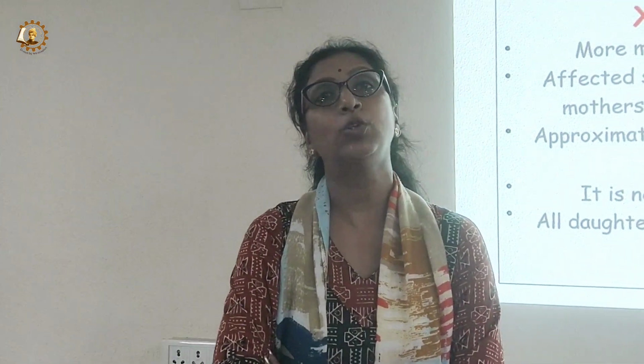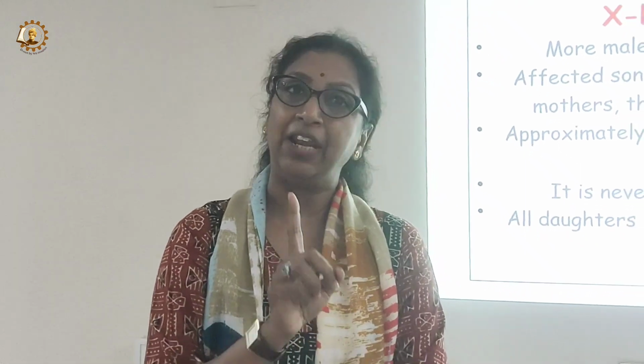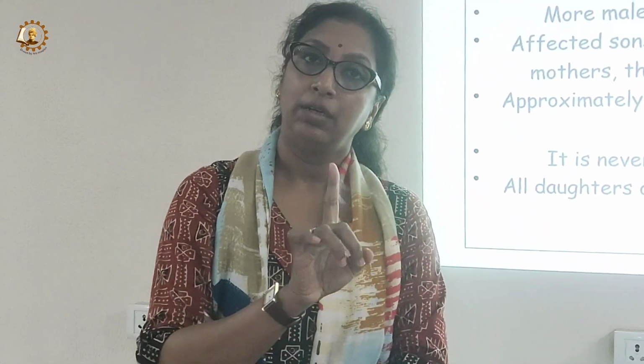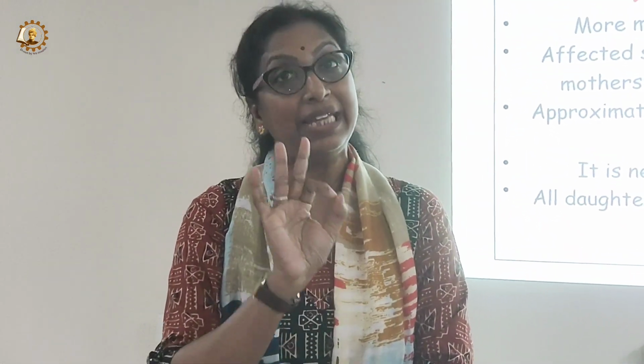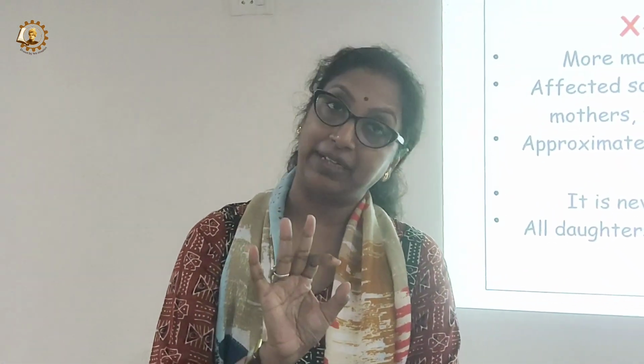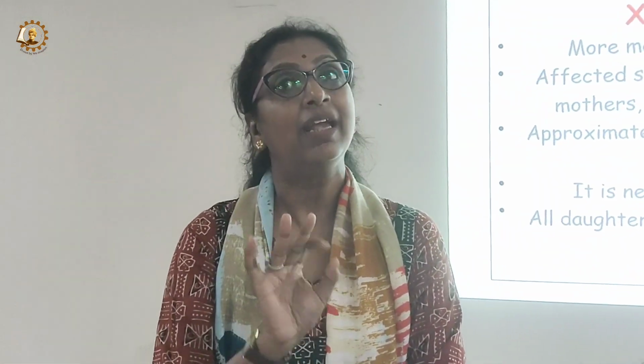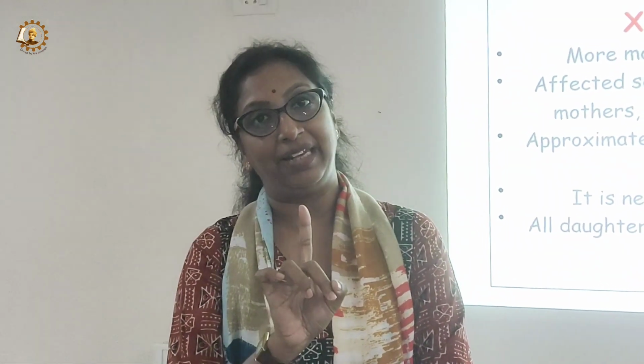Carrier females are those having one recessive allele along with one normal dominant allele, but they are basically normal unaffected individuals. But the carrier mother is carrying one mutant or affected allele.